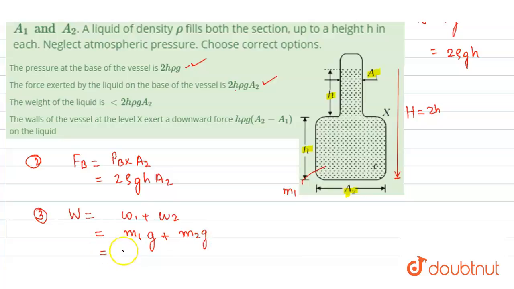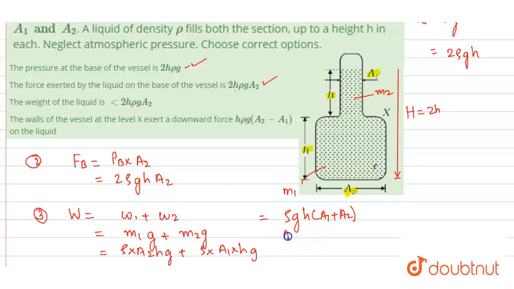Now what is the value of m1? m1 is simply density into volume. So what is the volume? Volume is simply here A2 into h, and for m2, the mass is simply m2 here. So it will be simply density into A1 into h into g. Now if you solve this further, you are going to get rho g h, and you can take common A1 plus A2.